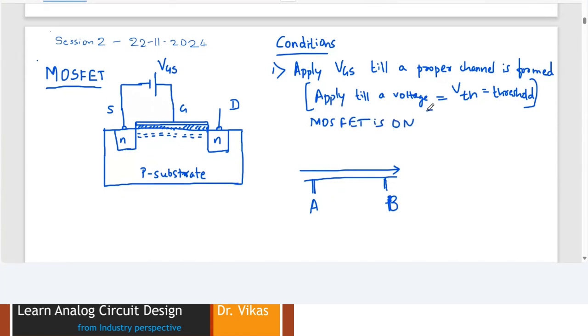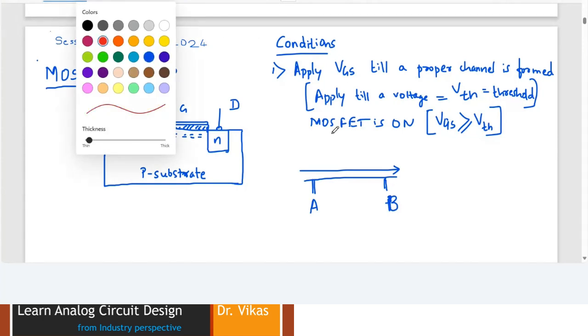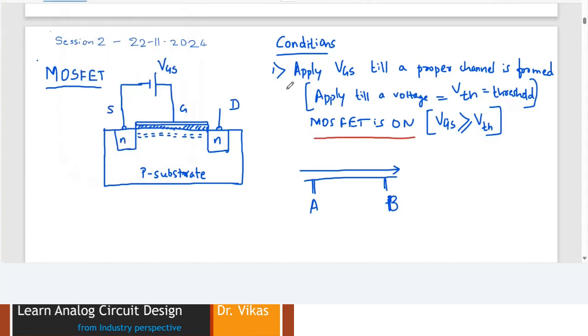So I say that the condition would be, whenever VGS is greater than or equal to VTH, I can say that my MOSFET is on. So this is one of the prime conditions that we have to remember.